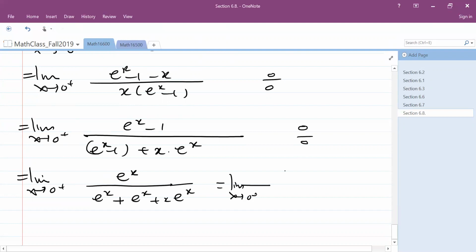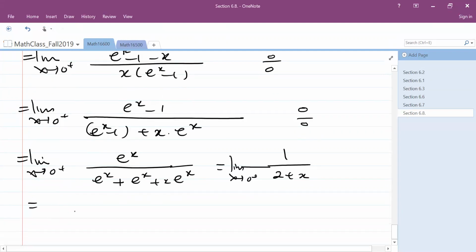When you simplify, it gets 1 over 2 plus x, because e to the x all cancelled out. e to the x is gone. Then it's just equal to 1 over 2 plus 0, which is 1 over 2. So we find the limit.